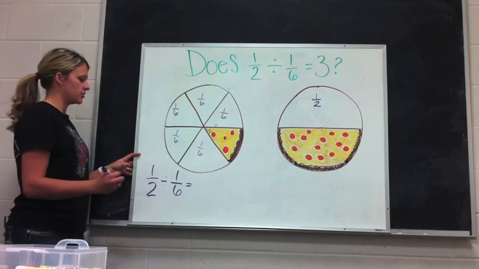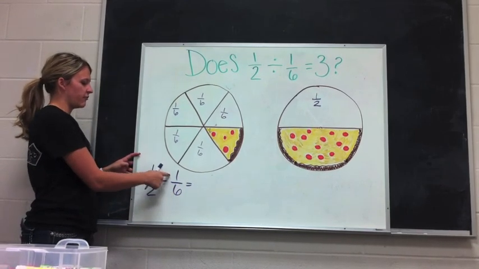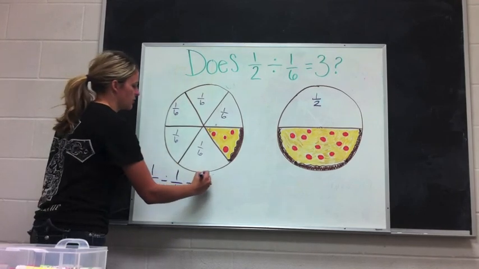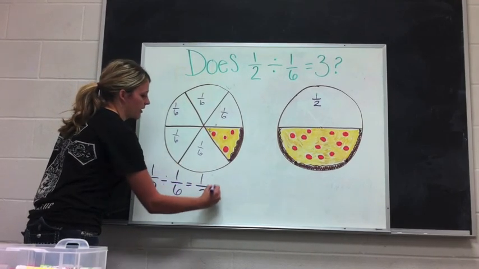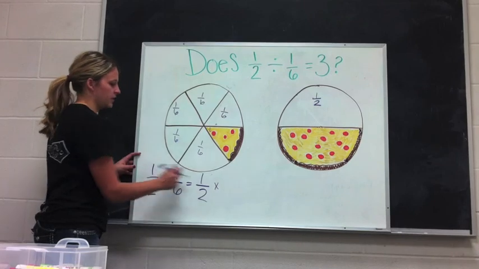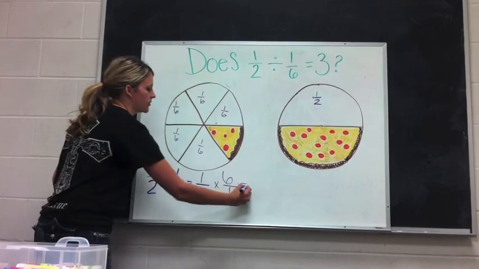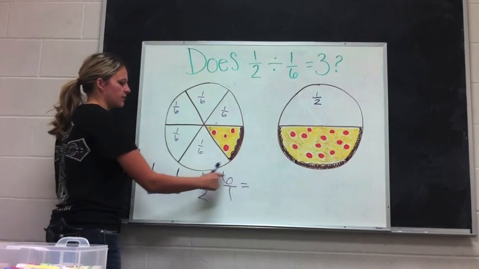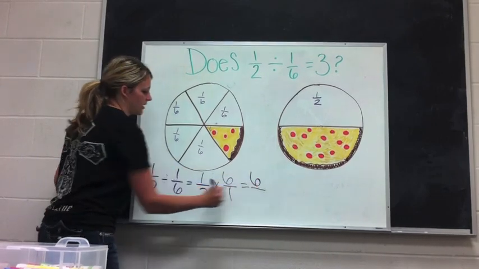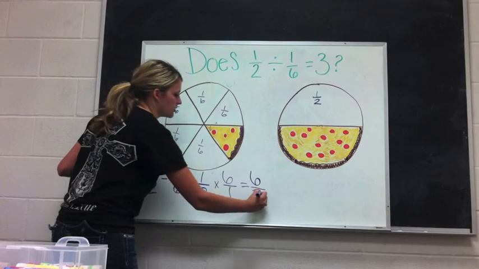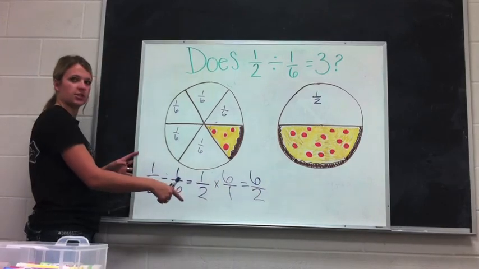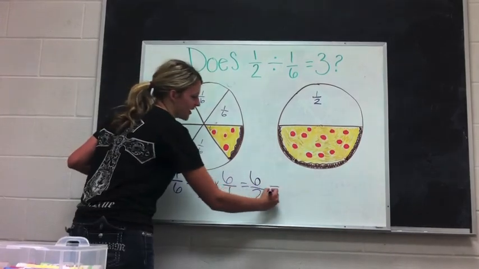When dividing fractions, we know we have to change the sign and flip the second fraction. So first we do 1/2 times, and we're going to flip this one and make it 6/1, and then we're going to multiply. So 1 times 6 is 6, and 2 times 1 is 2. So now we have 6/2. Now we're going to divide.